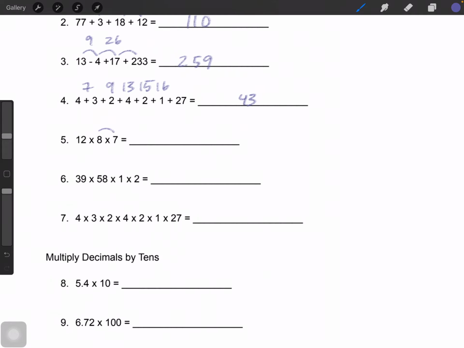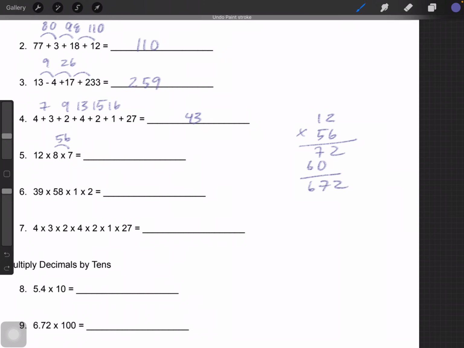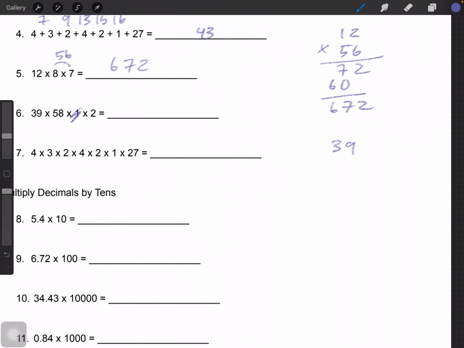And this one, 56 times 12 is something I'll have to do over here. Let's see if I can do this quickly. 672 up here. See, now this one's pretty hard, but anything multiplied by 1 is just the number itself, so we can do 39 times 58.